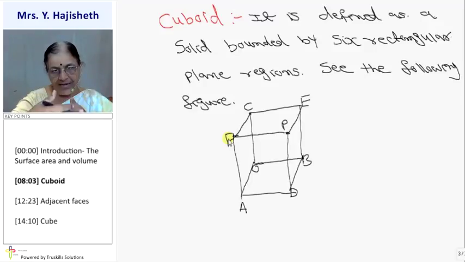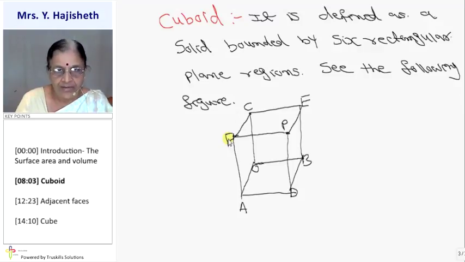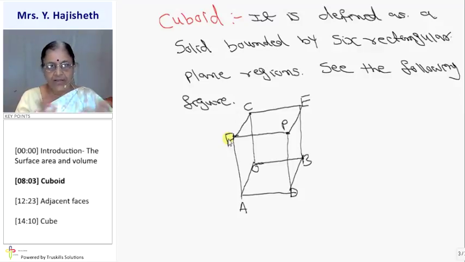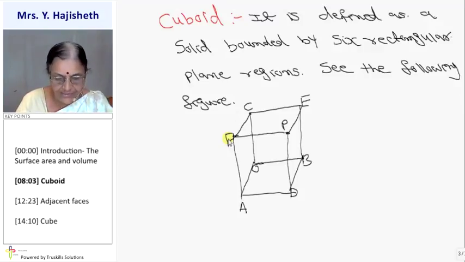The one at the back is OADB, that is top and bottom, and front and back will be ADPF and the back BOCE. So there are 6 plane regions, pairs of 2 are parallel to each other.